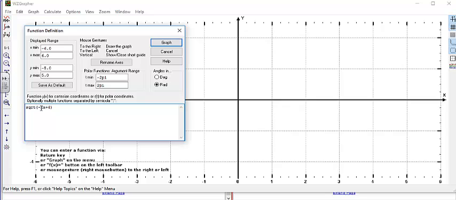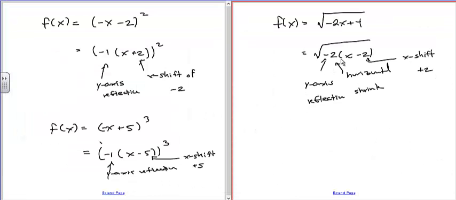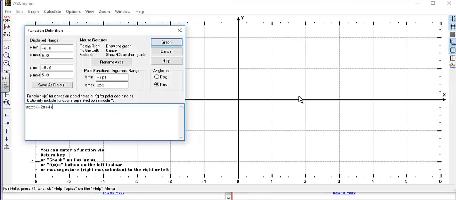What this is saying is that I should have a reflection across the y-axis, so instead of going like this, I should go that way. And I should see that the starting point, instead of being 0, is going to be 2 units to the right. So it should start here. Instead of going this way, it's going to go that way.